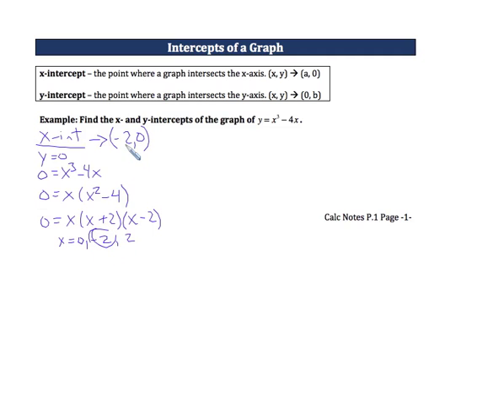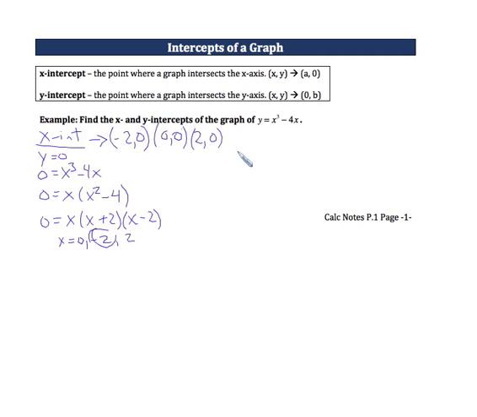So -2 is the x-coordinate, remember our y was 0. Then we have (0, 0). Again, here's the x equals 0, y equals 0. And then the other one is going to be (2, 0). So here's your x of 2, and the y was 0.